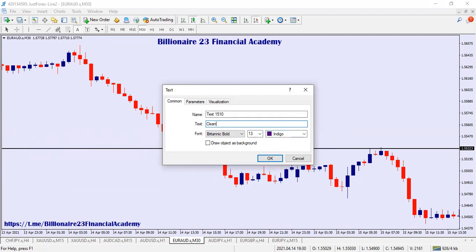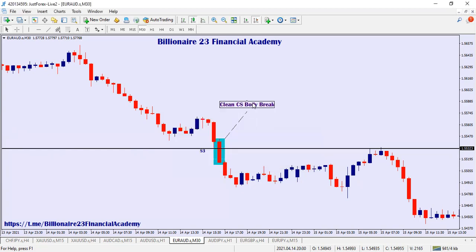Clean candlestick body break. This is the key. The support area was broken by a clean body candlestick, not a spike. This is key because whenever this occurs, it gives us a higher probability of the swap zone playing out.